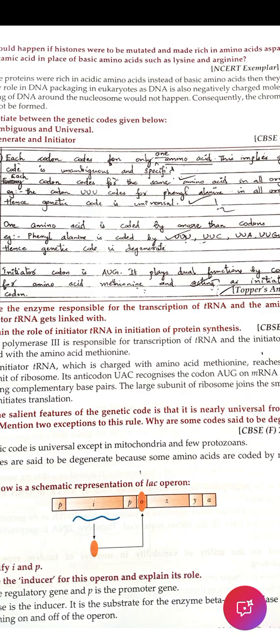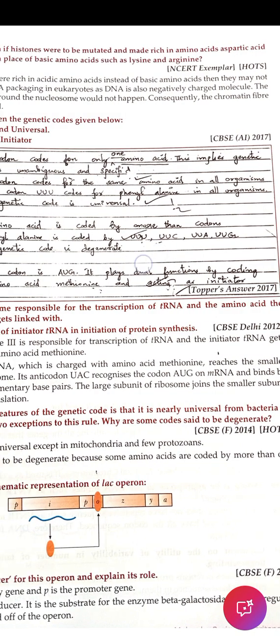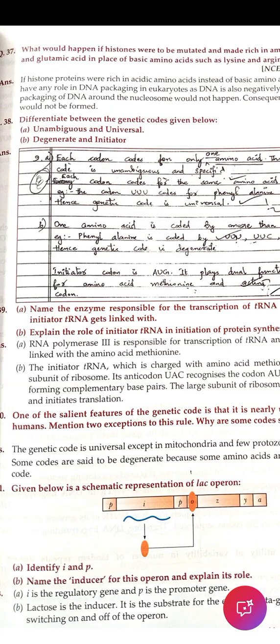Consequently, the chromatin fiber would not be formed. So, what did you observe here? For the formation of nucleosome, the two components, histone and DNA, have opposite charge, so they attract to each other.